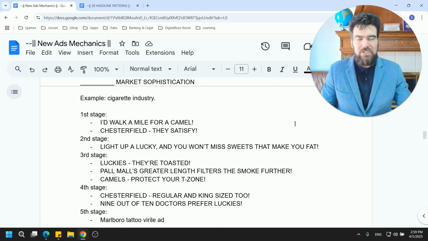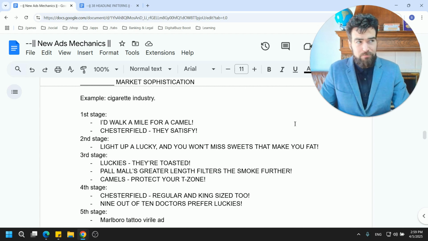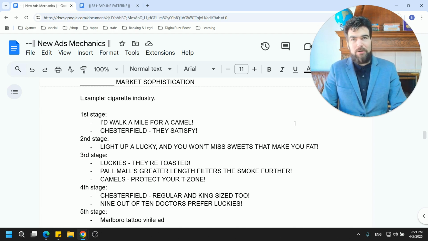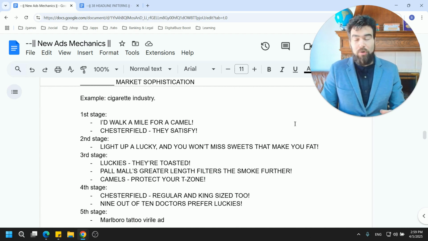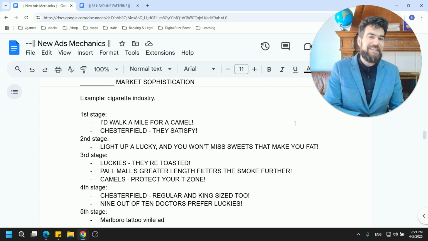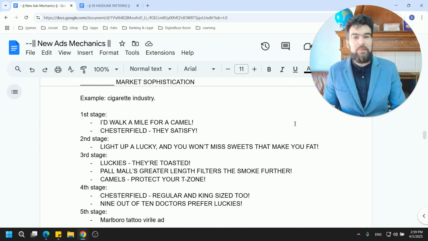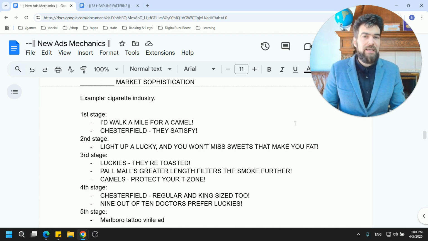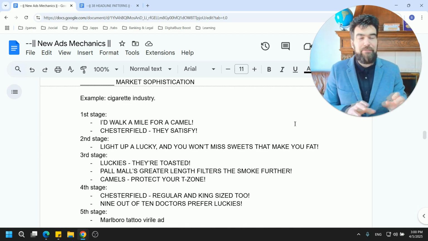Now the sophistication levels are basically how complex is the market. We have markets that are very unsophisticated, so these are products or offers that people haven't seen yet. And then we can have markets that are very sophisticated, which are offers that have been promised to people 1,000 times before, and people are very familiar with it and might not believe everything as perfectly anymore.